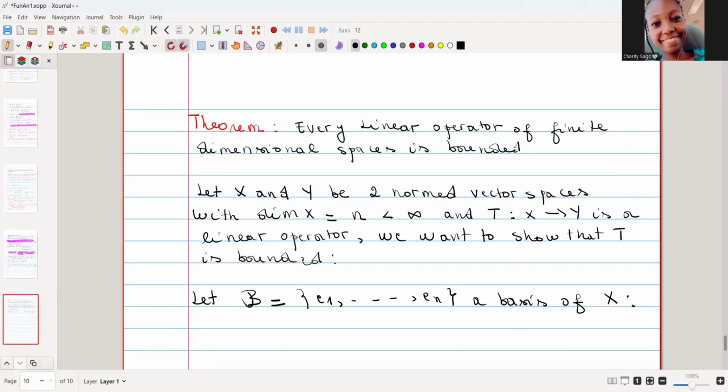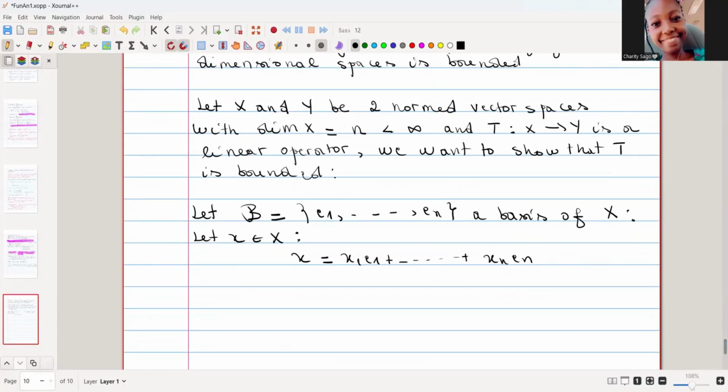Now, if I take an element x in X, x can be written like what? x1 e1 plus x2 e2 up to xn en. So it can be written as the sum of xi ei, i from 1 to n.